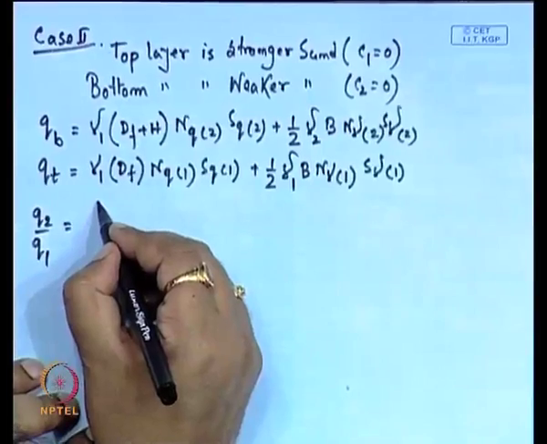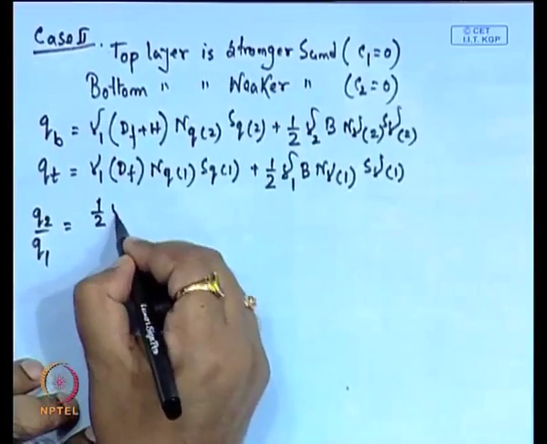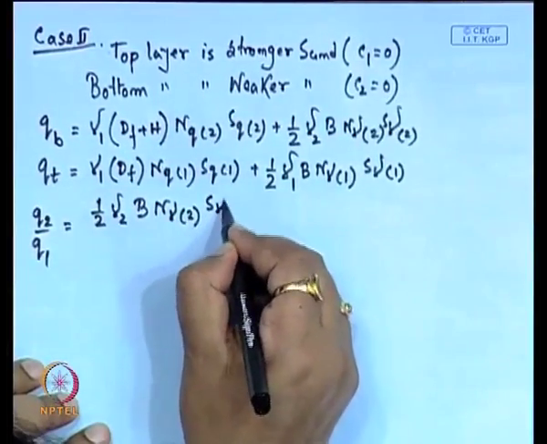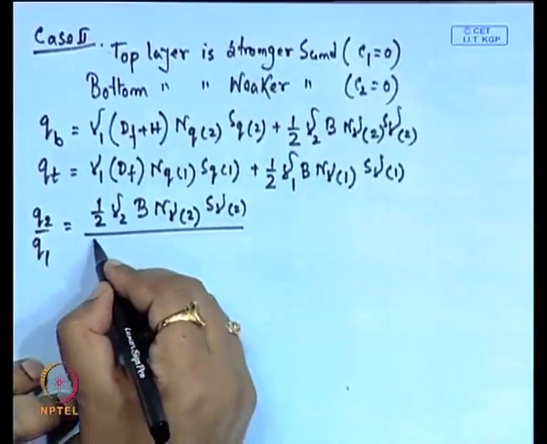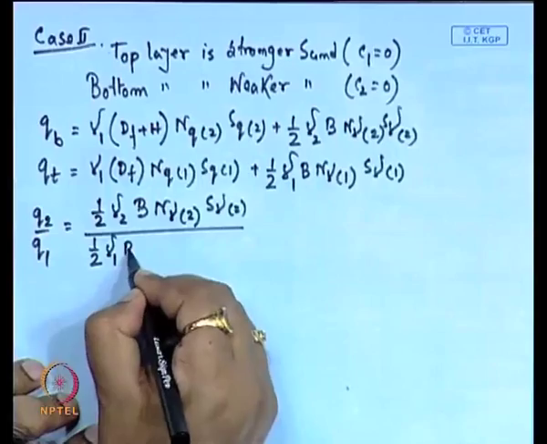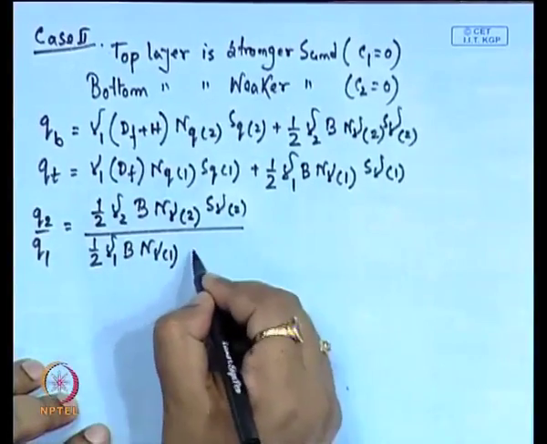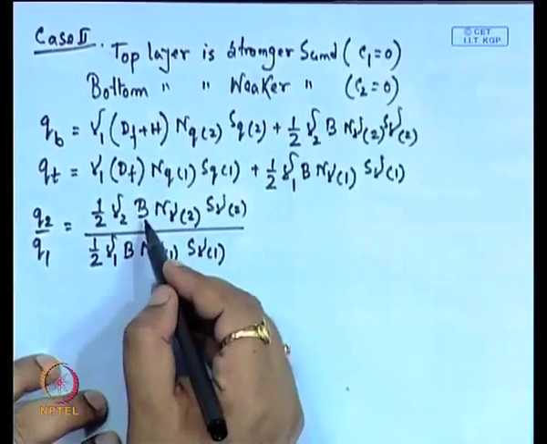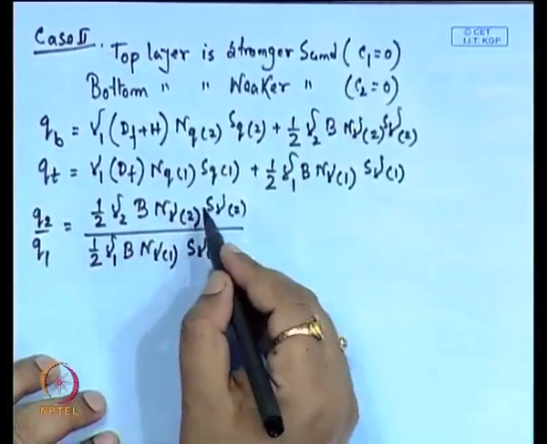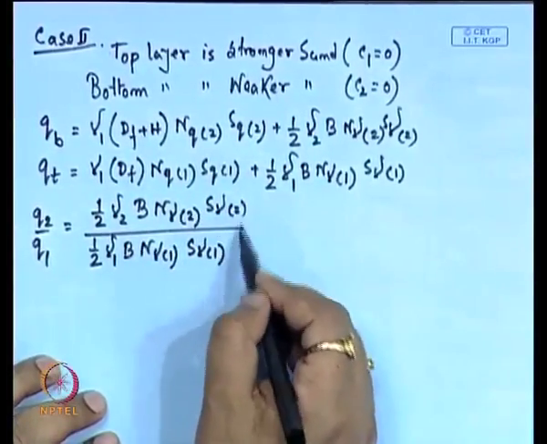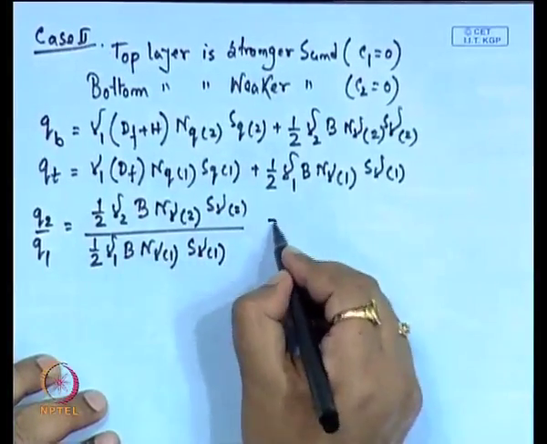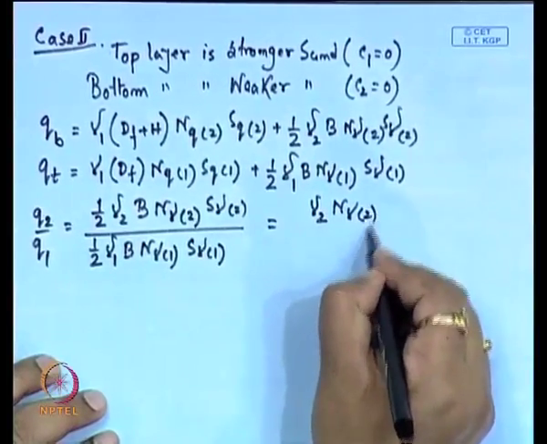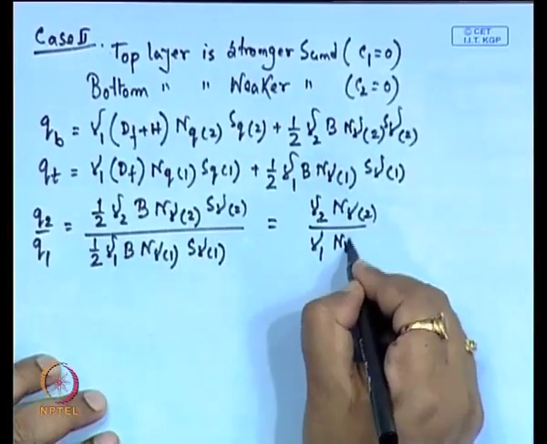Q2 by Q1 will be half gamma 2 B N gamma 2 S gamma 2 divided by half gamma 1 B N gamma 1 S gamma 1. The shape factor we are considering is the same. So ultimately this will be gamma 2 N gamma 2 divided by gamma 1 N gamma 1.